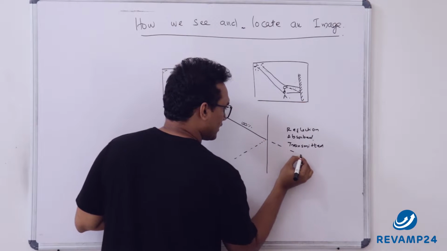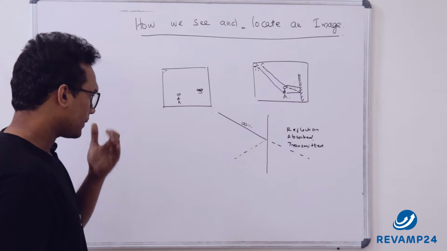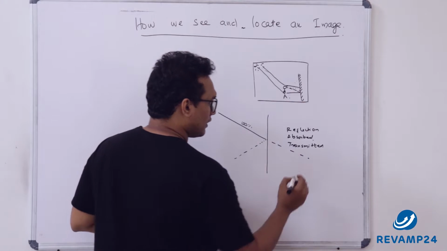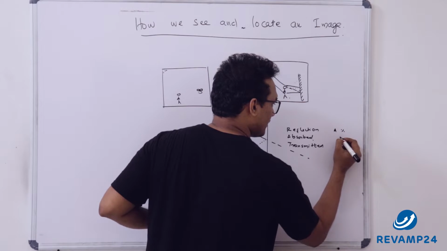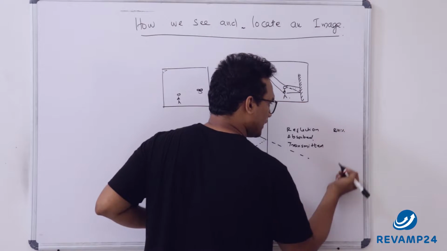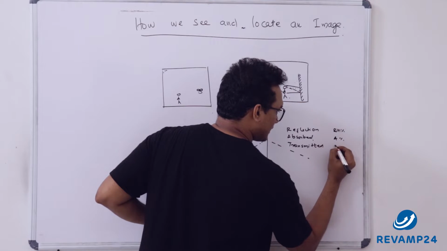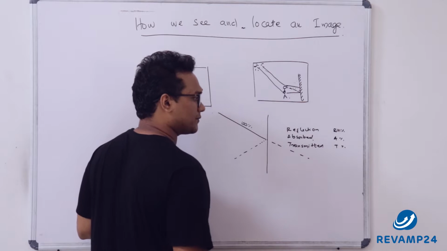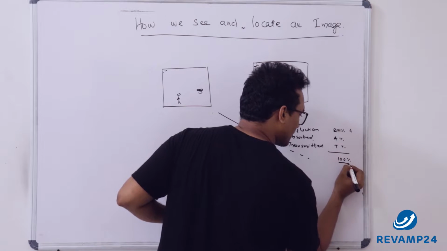Okay, that is transmitted like this. Now, if we add all these values, R percentage is reflected, A percentage is absorbed, and T percentage is transmitted, and if you add all of them together, we will get 100%.